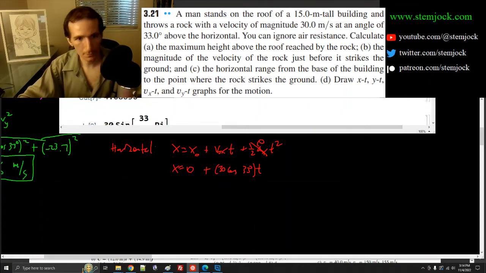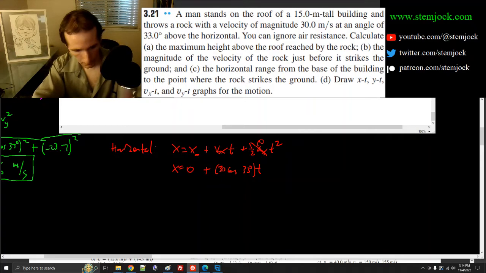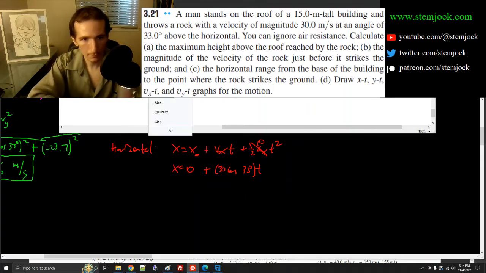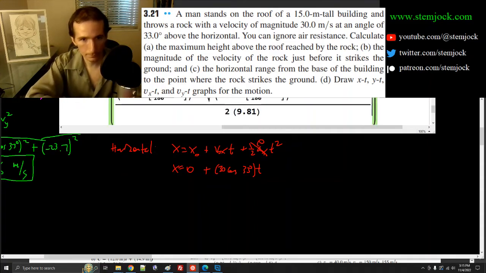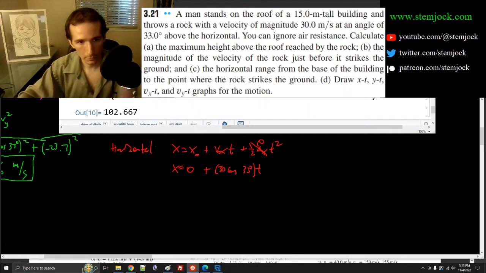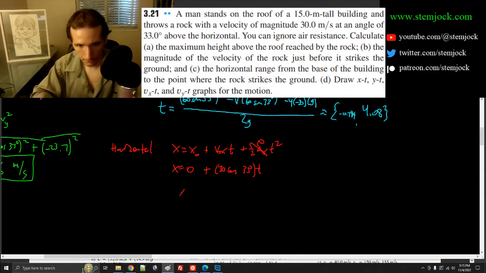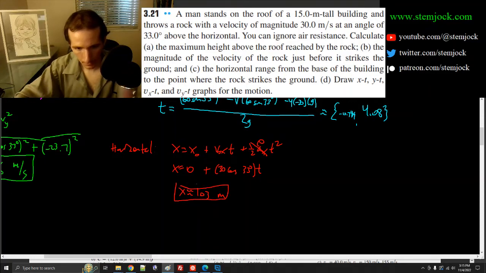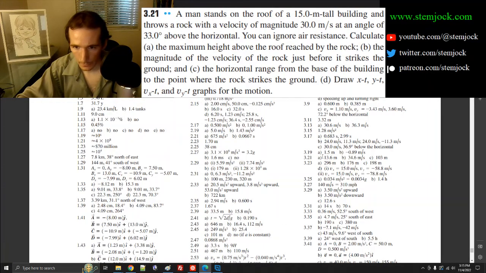This here is our t, and 30 cosine 33 over 180 pi, (103) meters. That is our range. Final answer. Yes, it is. Nice.